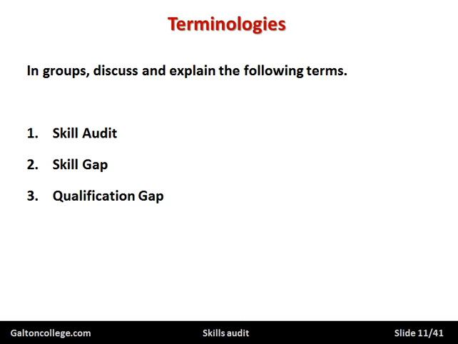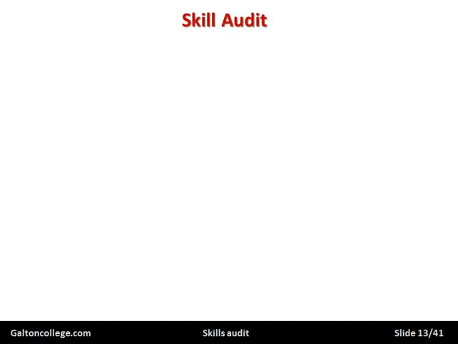So look at the qualification gap. What have you got in terms of qualifications and what is required? And then look at the qualification map, and we'll talk about that towards the end. But right now let's start with the skill audit.